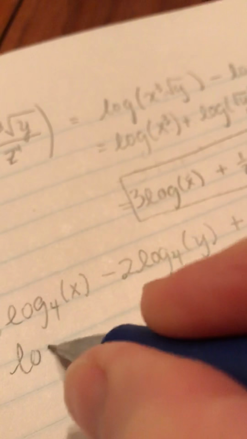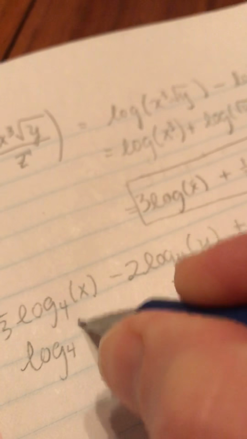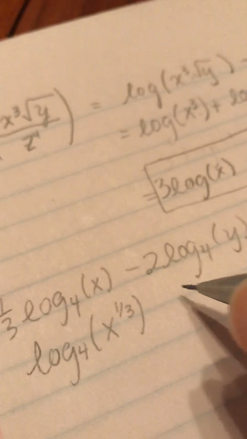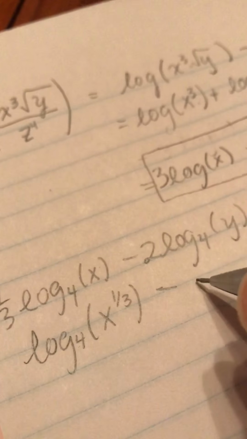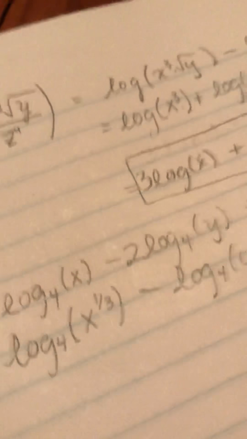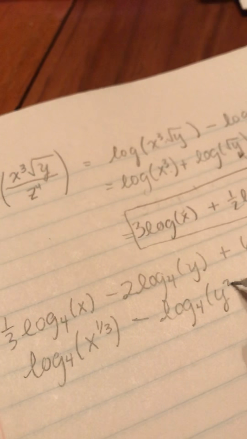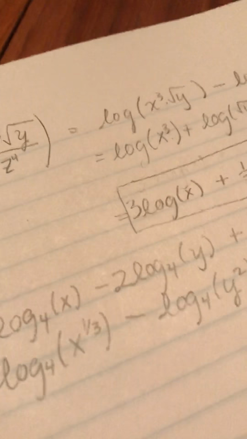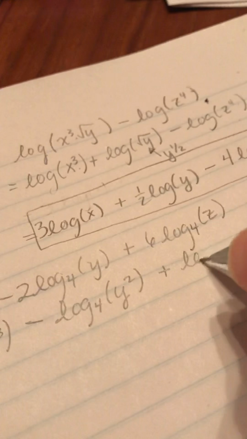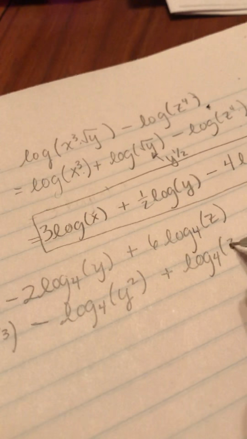So 1/3 times the log base 4 of x is the same thing as log base 4 of x to the 1/3 power. And then minus this 2 can go up as a power of the y, log base 4 of y squared. And finally this 6 can go up as a power of z, so we have log base 4 of z to the 4th.